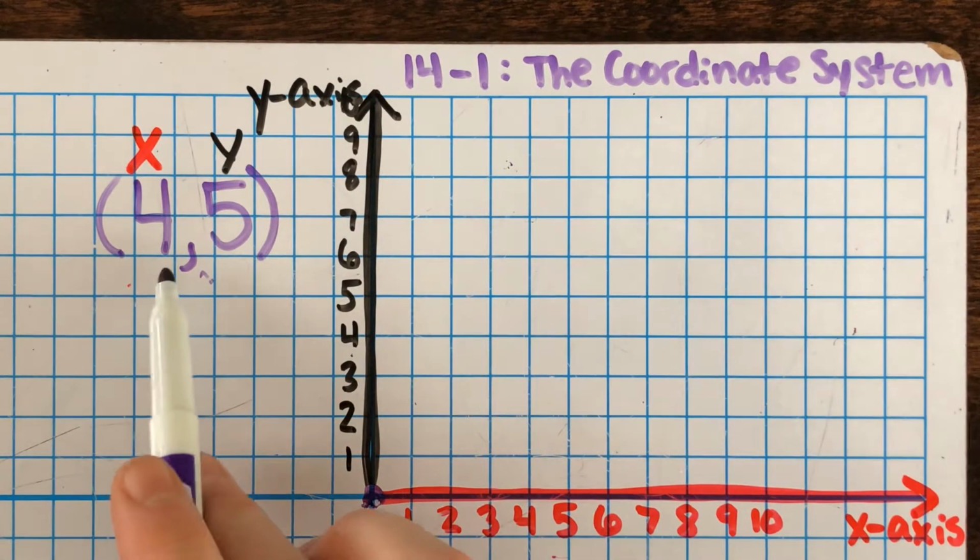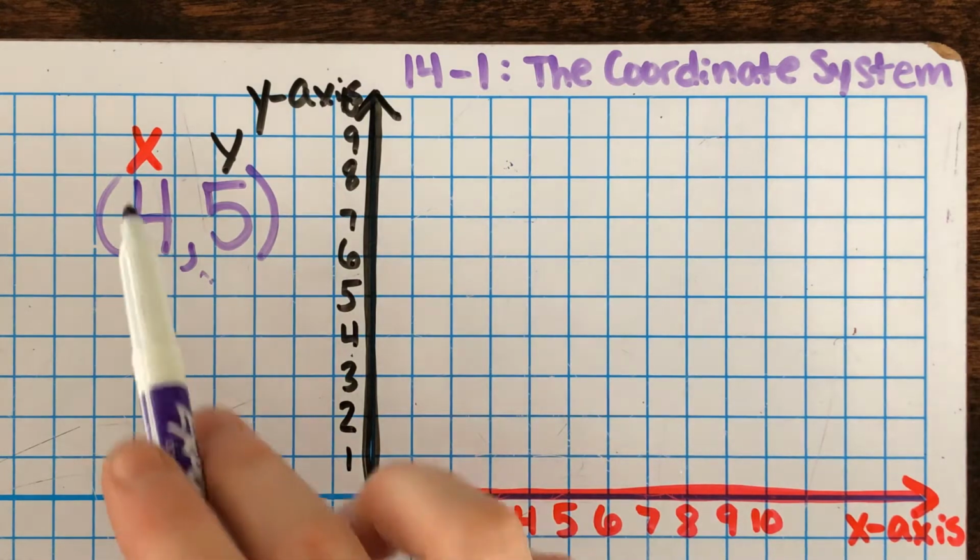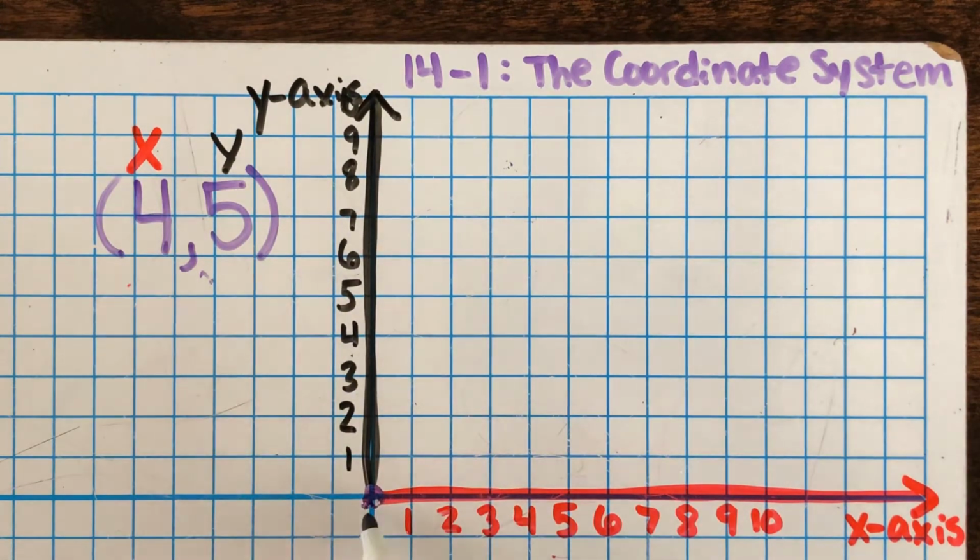Okay, so now if the 4 is the x coordinate, do you think we're going to go 4 places up or 4 places over? Well, since it's the x coordinate, it's first, we go 4 places over on the x axis. Okay, so 1, 2, 3, 4.